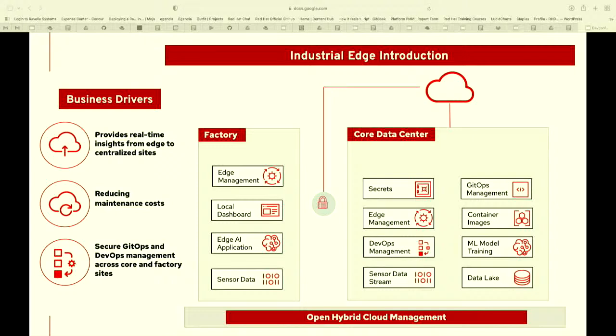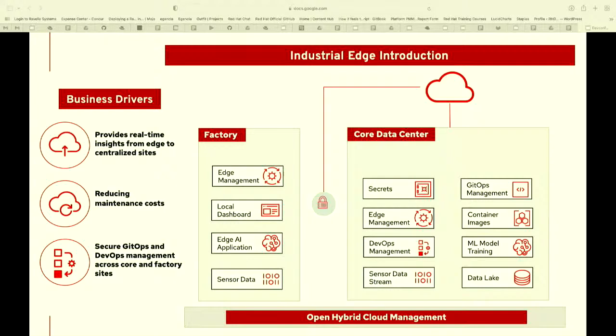Then they have the data coming from the line data servers or sensors on the assembly floor. Data is coming in, and it is sent back to the centralized side for model processing, model development, and document storage. You can see what they're trying to drive with this: provide real-time insights into this data, reduce costs, and do it in an automated manner.